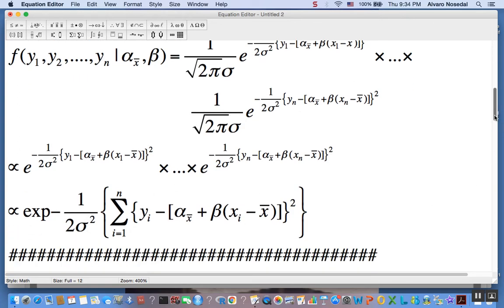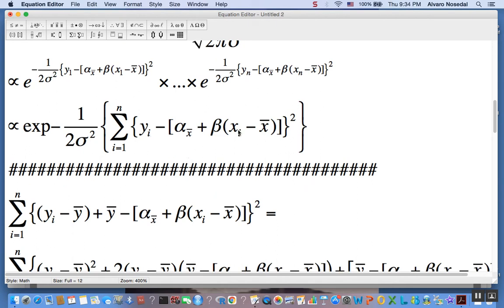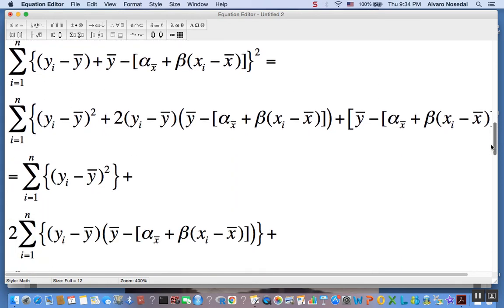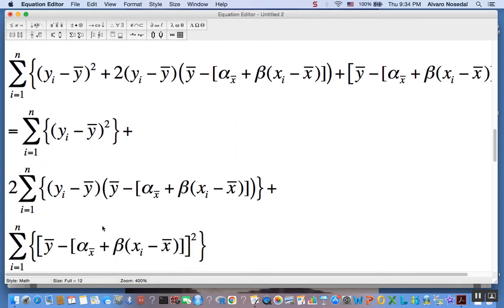Then we expanded that, but we did this trick. We added a 0, so we have y bar plus y bar minus y bar, that's a 0. And then we did the algebra, and we had these 3 terms.